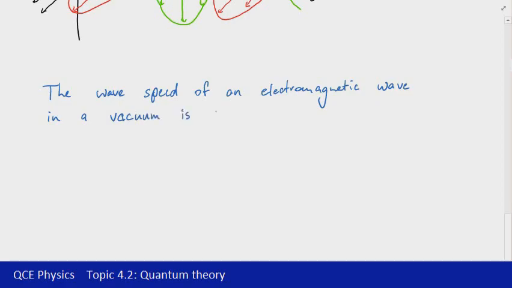That value is given as the speed of light. So all electromagnetic waves travel at the same speed in a vacuum, and the value that we use there is the speed of light, and the symbol that we use for that is c.